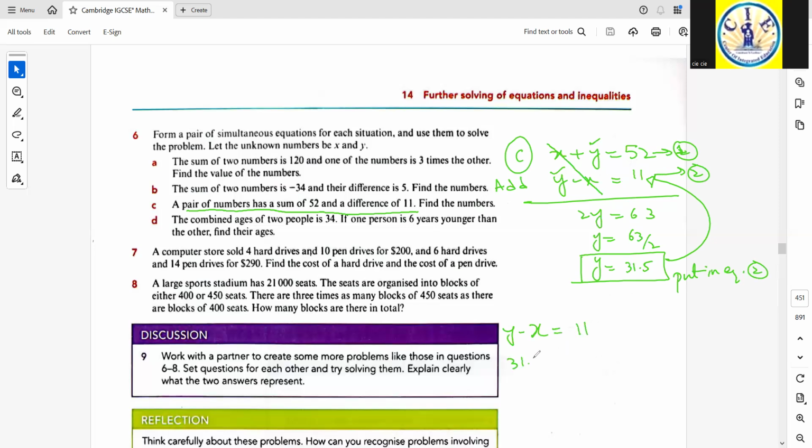So this is 31.5 minus x is equal to 11. Now let me shift this here and this here. 31.5 minus 11 is equal to positive x. So this will give us 20.5. That is the value of x. So the two numbers are 20.5 and 31.5. That completes part C.